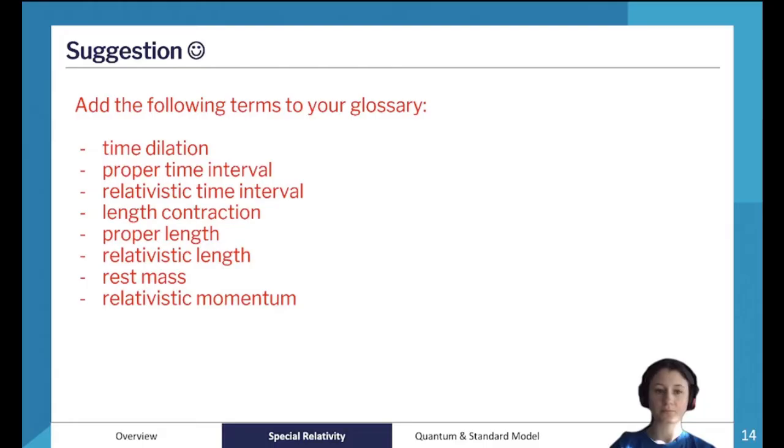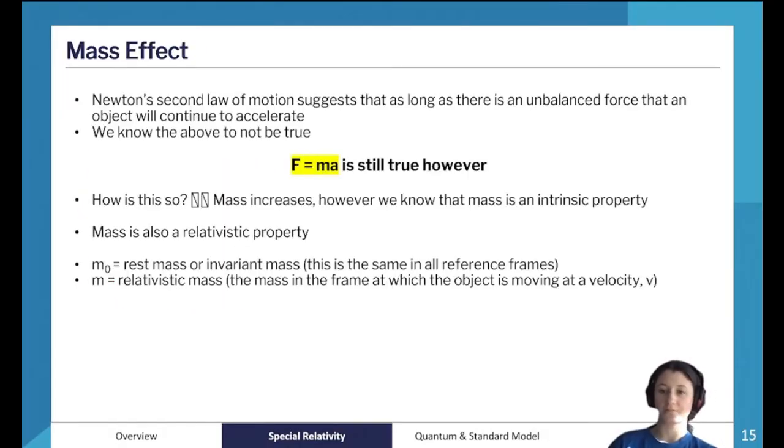So, a suggestion is to make sure that you add the following terms to your glossary or to your flashcards if you don't already have them. And I primarily say this because on your syllabus, it asks you explicitly to define these concepts. All right, so now we're going to go over what these concepts are and how they relate.